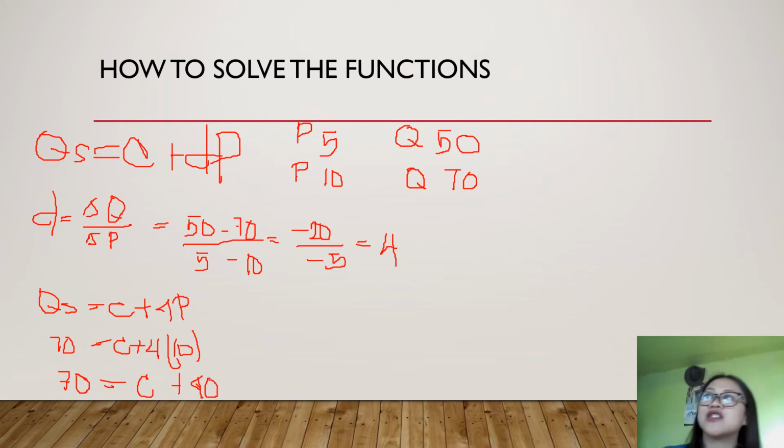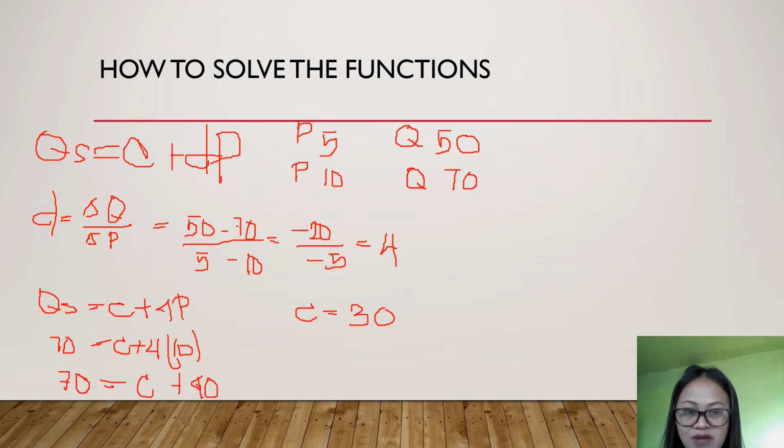Again, transposing the value, we have C, which is equivalent to 30. Bakit siya naging 30? If you transpose this 40 to the other side of the formula, that is 70 minus 40, so therefore we have C, which is 30.